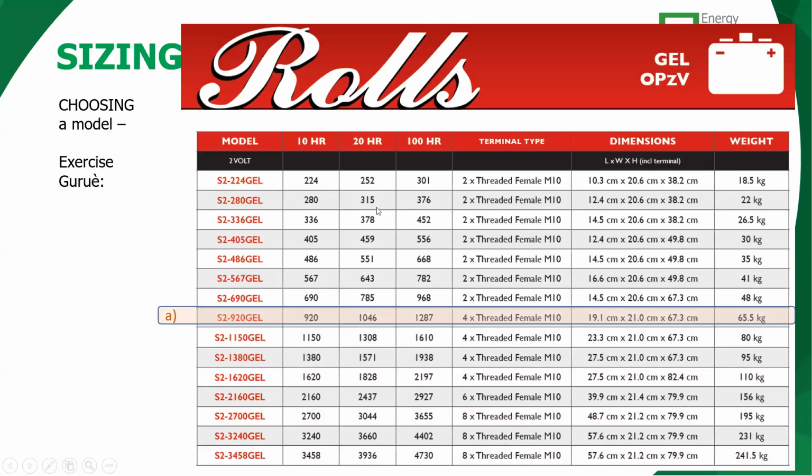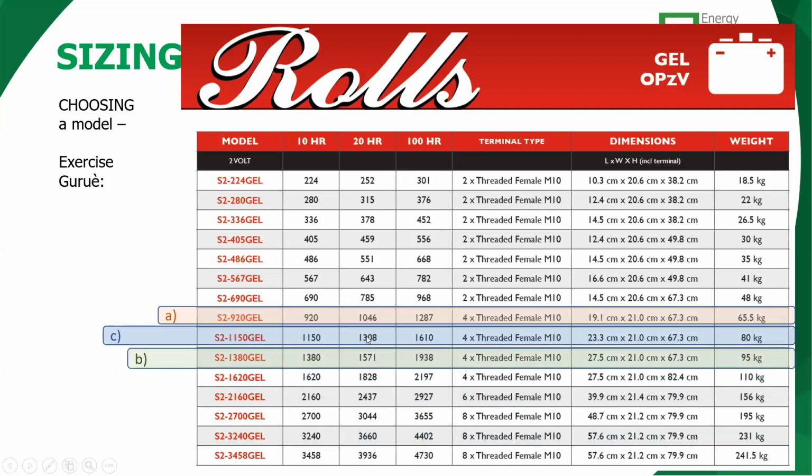So because it's C20, what we are calculating, you go for the next model. Okay, now it's clear. We can pass. And if we had looked at it from the C10 point of view, then we would have needed the following model.